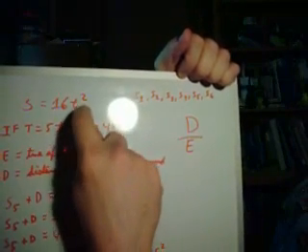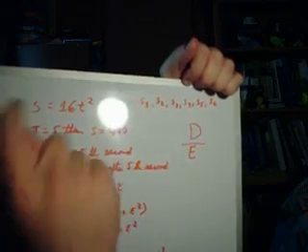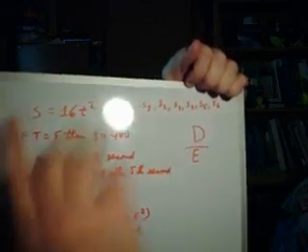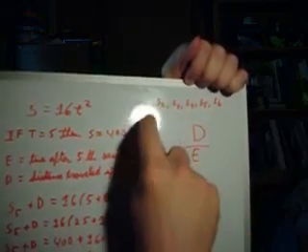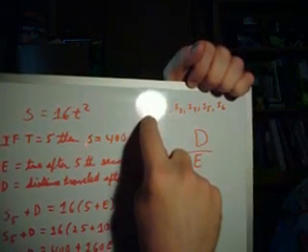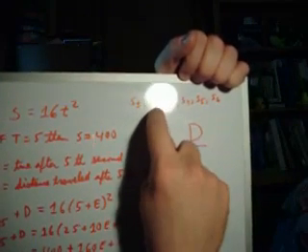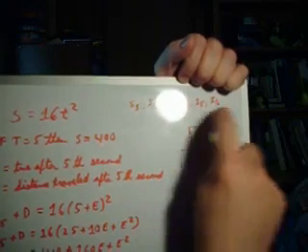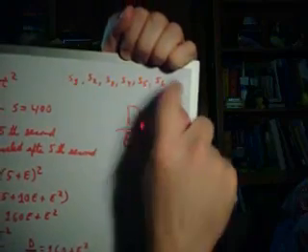Now, in this equation, t represents time, S represents spatium, which is a distance, okay? So, the distance covered in the first second is S1. The distance covered in the second second is S2, and so forth. And over here is S6, which is the distance covered within the 6th second.